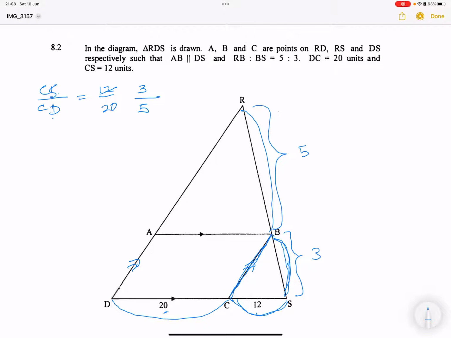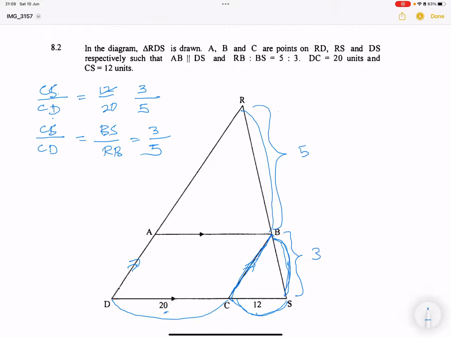In that case, we can note that CS over CD would therefore be equal to BS over RB, because both of them are 3 over 5.